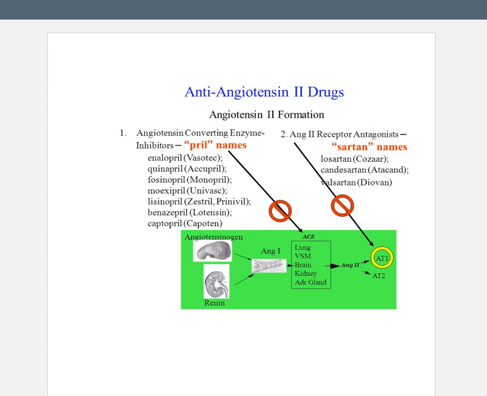And on the right are your angiotensin II receptor blockers, and those have the sartan names, and your prototype for these is losartan or Cozaar, which probably is the most familiar one. We also give a lot of valsartan or Diovan also. And these produce the same effects, but they just work a little bit differently according to the different steps in the renin-angiotensin-aldosterone system.